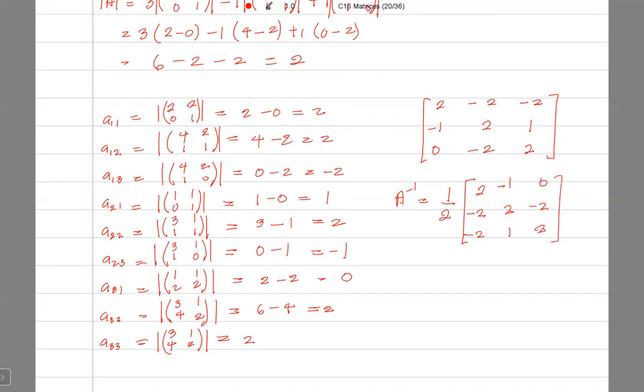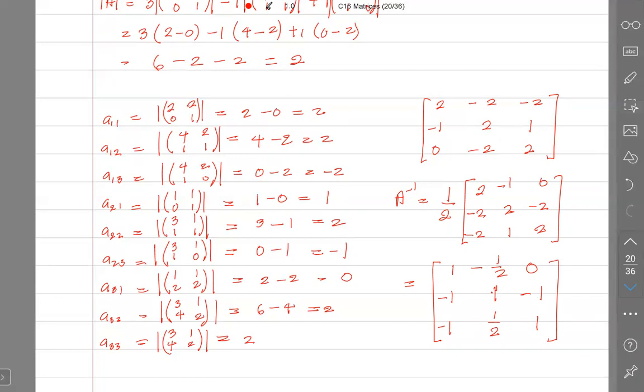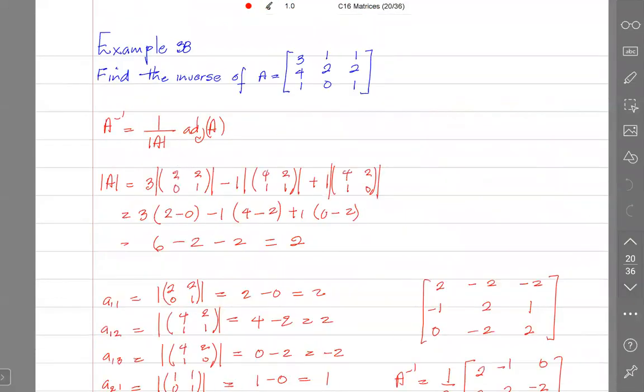And so I could say that this is 1, minus a half, 0, minus 1, a half, minus 1, 1, minus 1, minus 1, a half, 1. All right, and that would be my inverse matrix. All right, let's stop here.